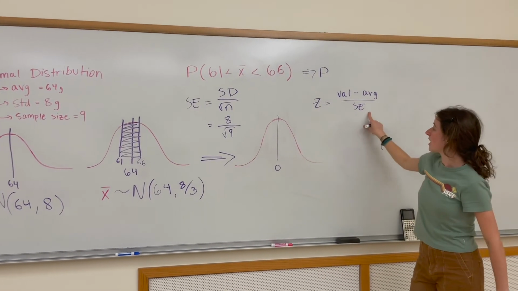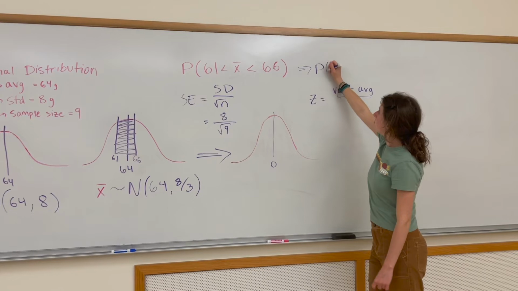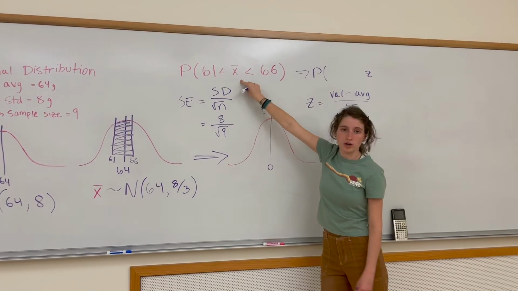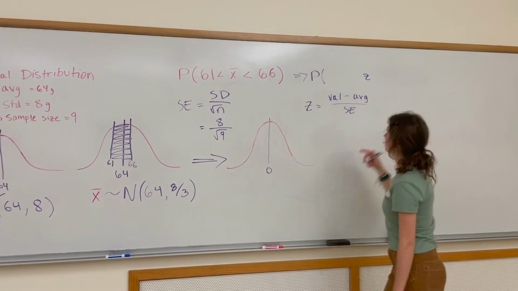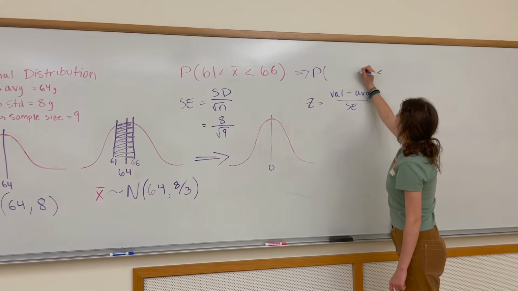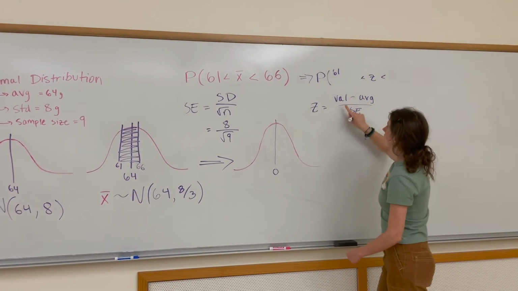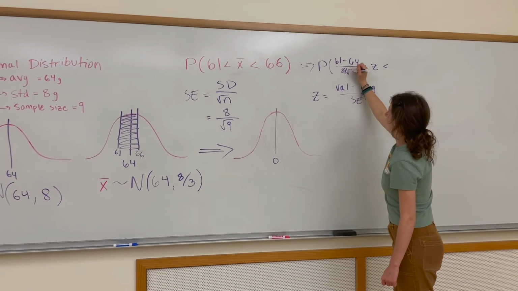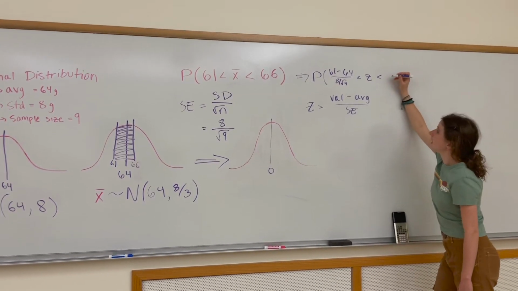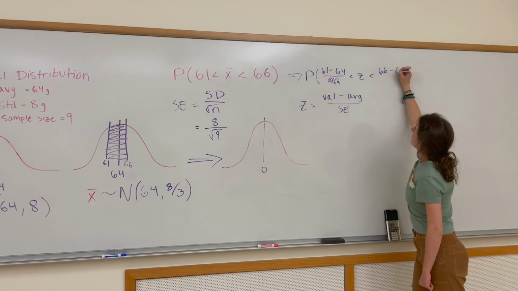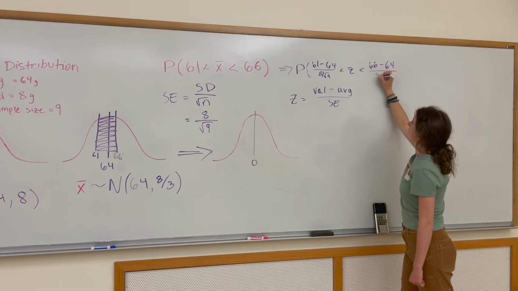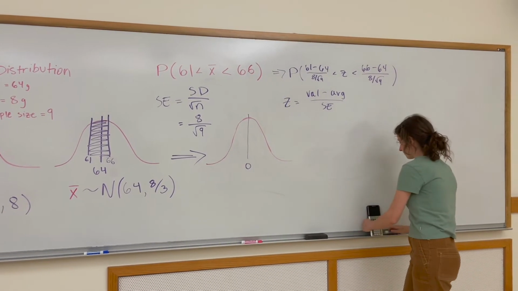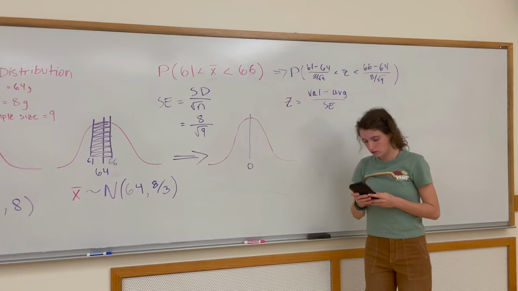In this case, for these two values, the probability that z, because we changed this x bar into a z when we standardized, is between 61, our value, minus the average of 64, divided by 8 over square root of 9, and then 66 minus 64 divided by the standard error, 8 over square root of 9. So let's calculate those.